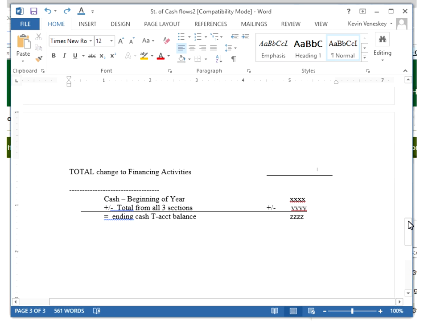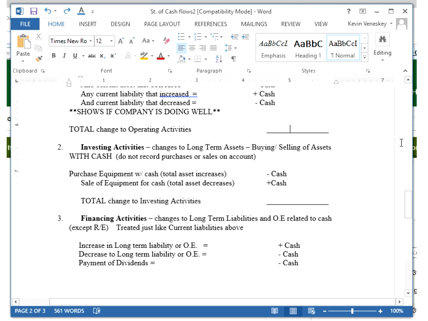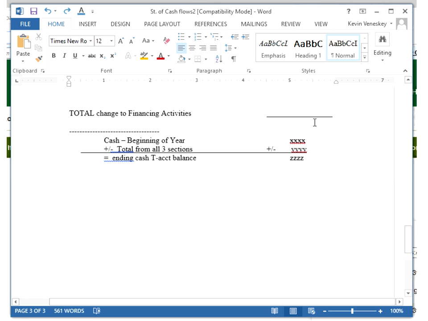And then we add in the three sections that we just calculated: the financing, the investing, and then the operating. We add up those three numbers together. Whether it be a positive or a negative, doesn't matter. We're going to combine the two numbers, the beginning and the changes, and then get one final amount. That final amount, if you did everything right, should be the same as your ending cash balance in your T accounts.